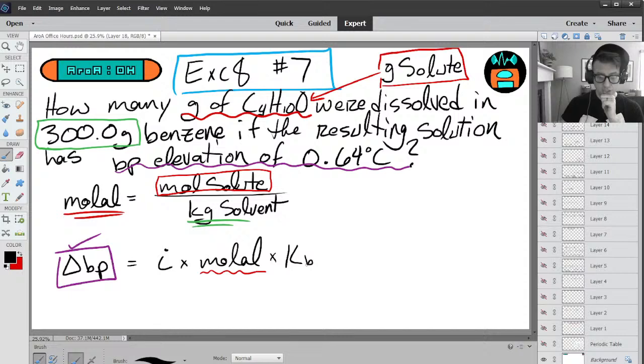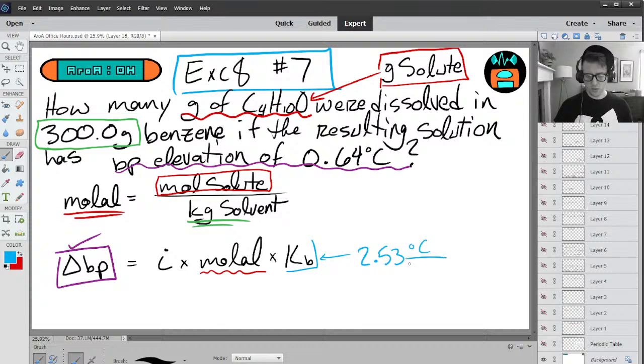Times our boiling point elevation constant, which for benzene we can look up. The boiling point elevation constant for benzene is 2.53 degrees Celsius kilogram per mole.